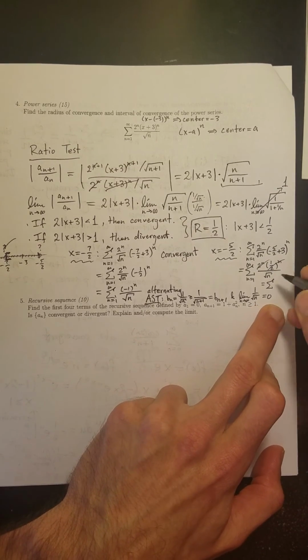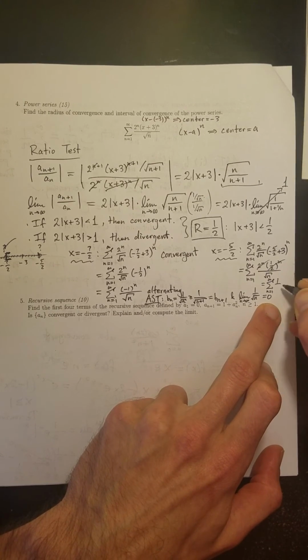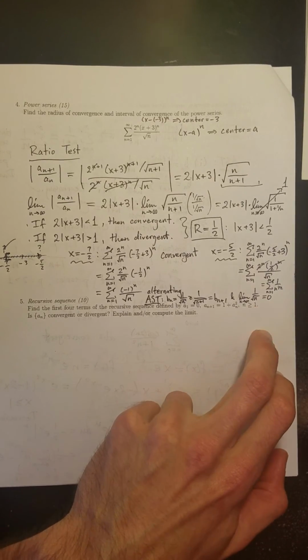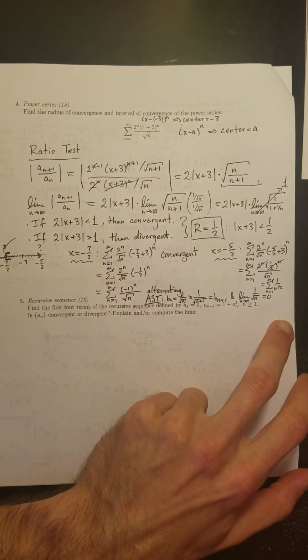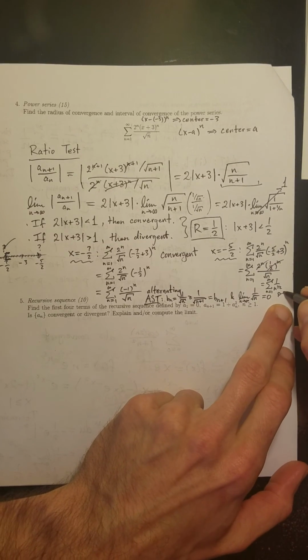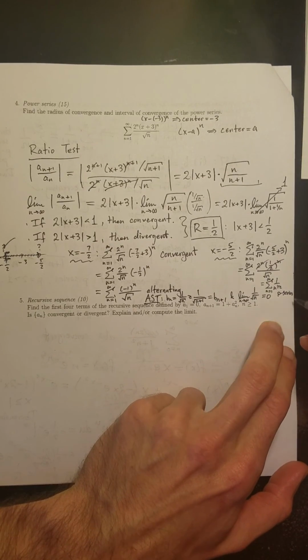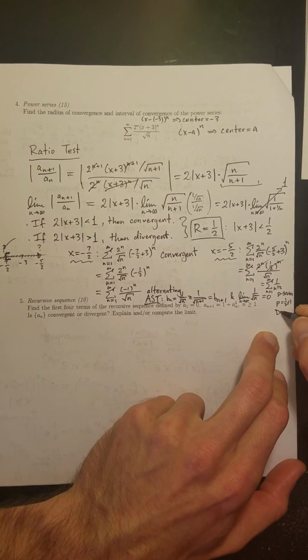This is a p-series with p equal to 1/2, so n equals 1 to infinity, 1 over n to the power 1/2. And 1/2 is certainly less than or equal to 1, so this p-series will diverge.